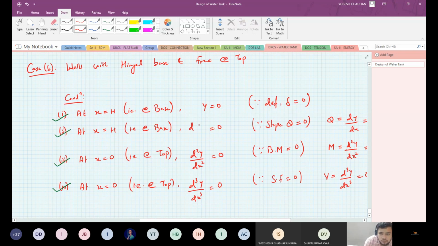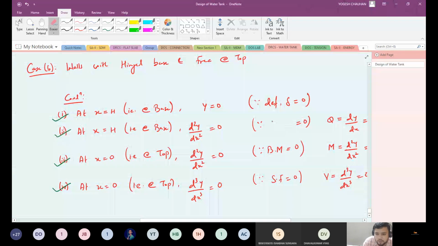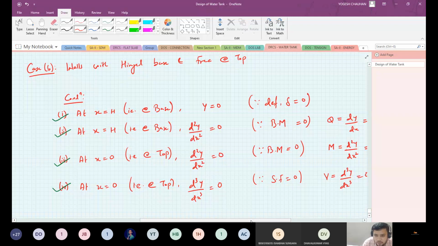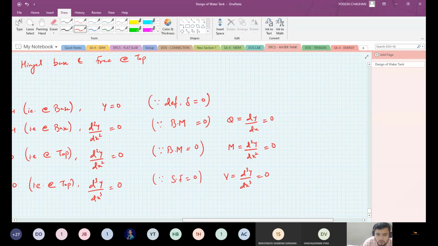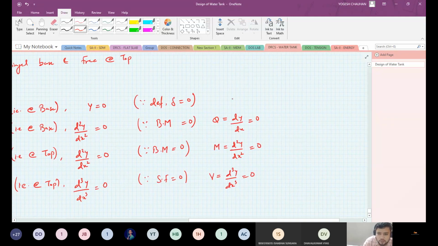So d square y by dx square is the bending moment, which is equal to 0. Why? Because it is hinged at the base.